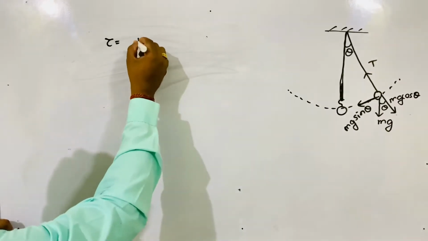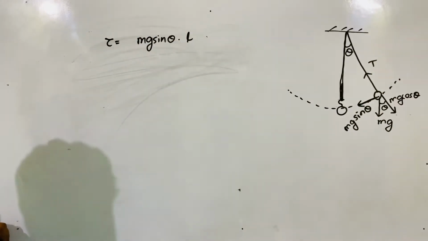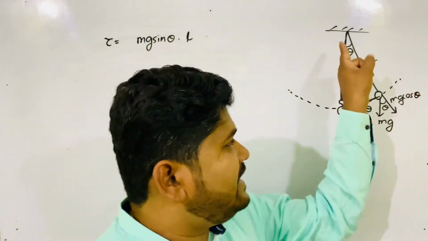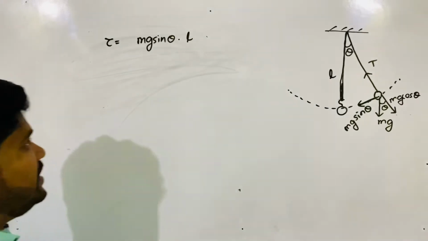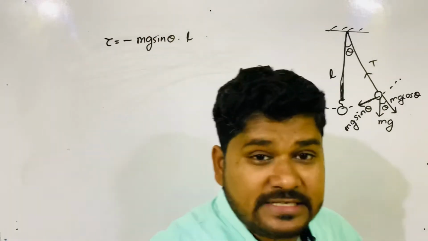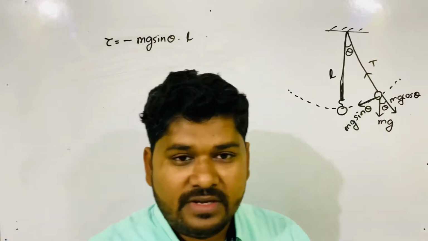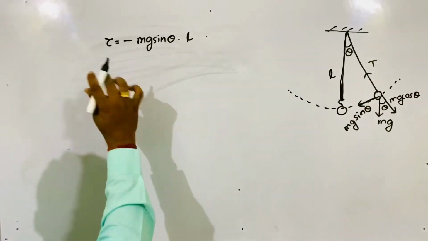How much is the force? mg sin theta. What is the perpendicular distance? L, the length of the pendulum. So mg sin theta into L, with a minus sign because it is restoring.